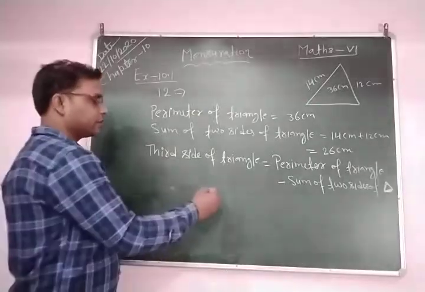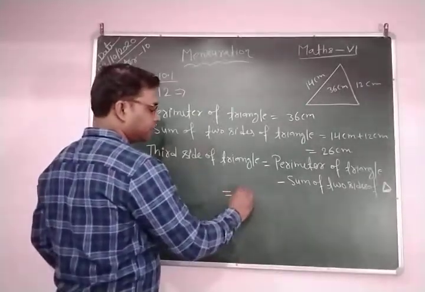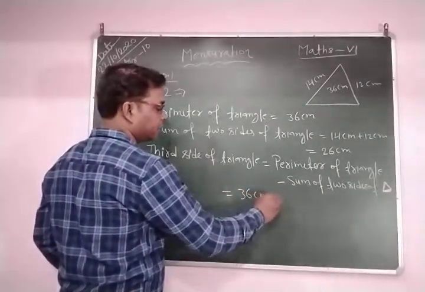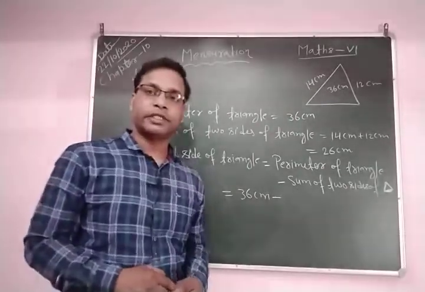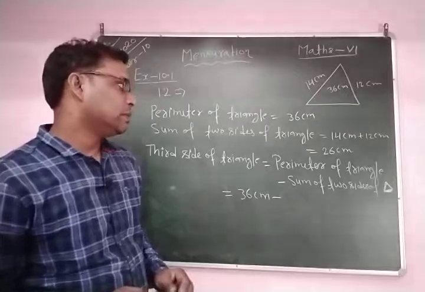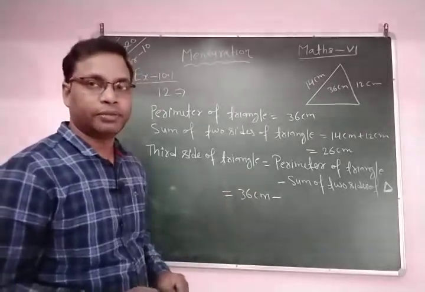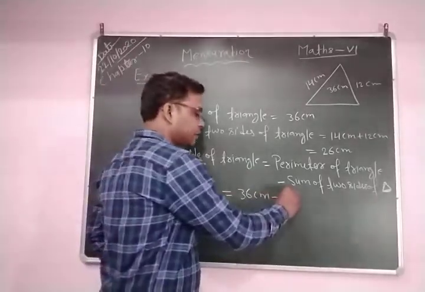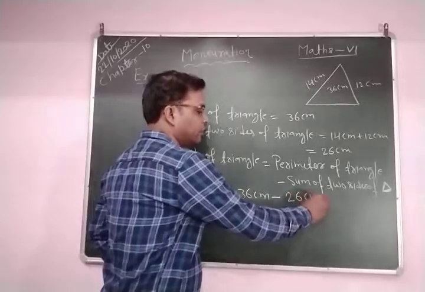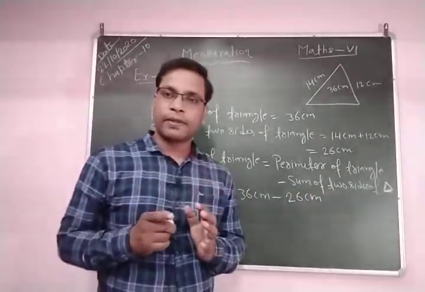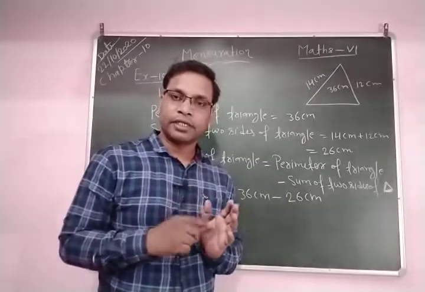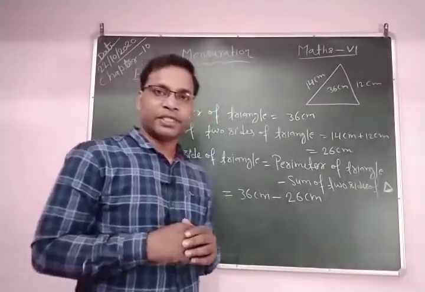So here the perimeter is given. What is the perimeter of this triangle? The perimeter of the triangle is given here as 36 centimeters, and the sum of two sides we found is 26 centimeters. So if we subtract 26 from 36, then we obtain 10 centimeters.